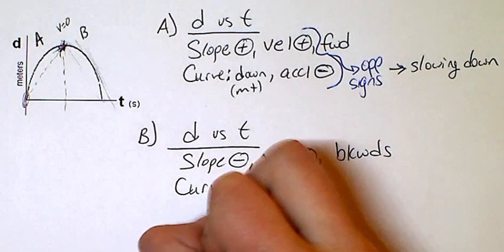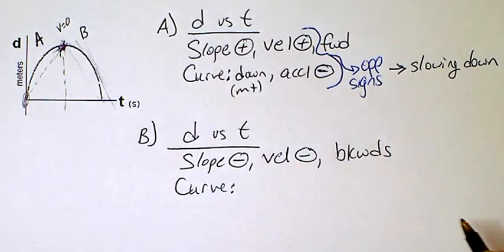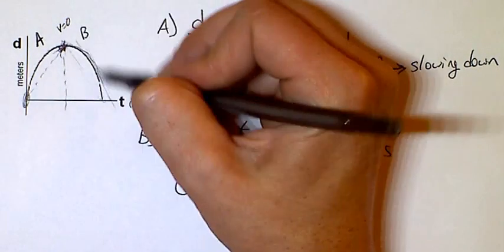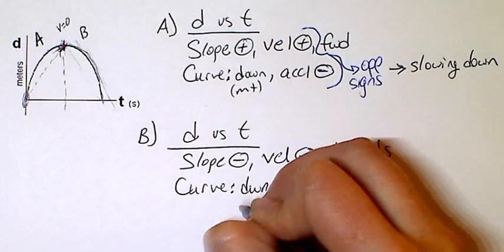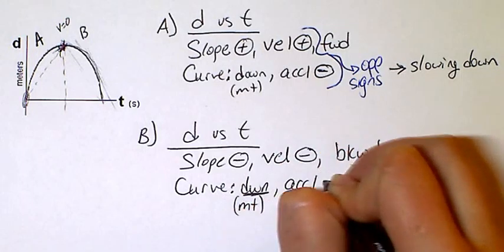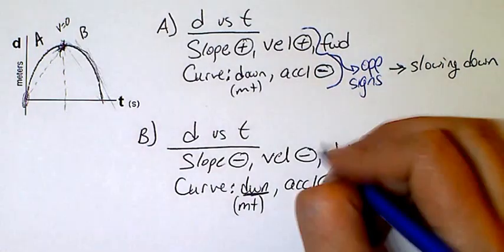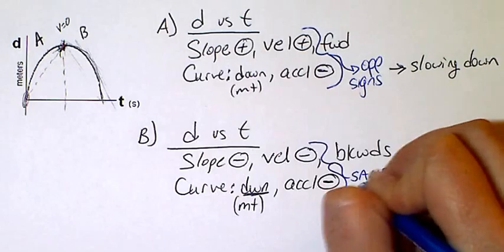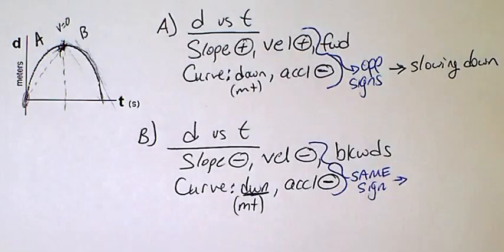And my curve is still down like a mountain. So this whole thing is down like a mountain, and down means negative acceleration. And in this case, since I have the same signs, that tells me that it is speeding up.